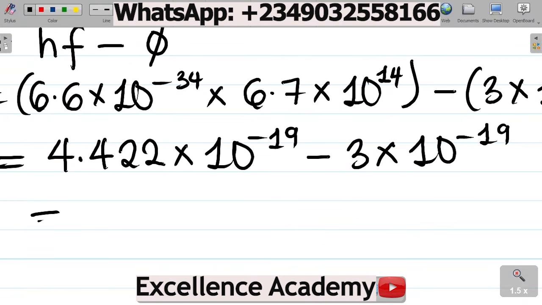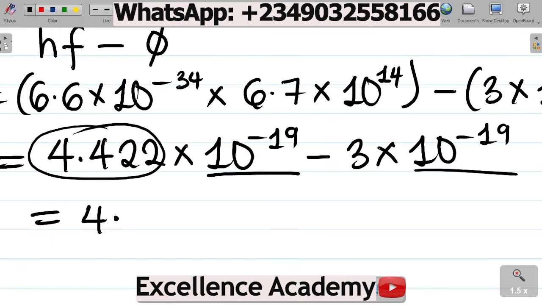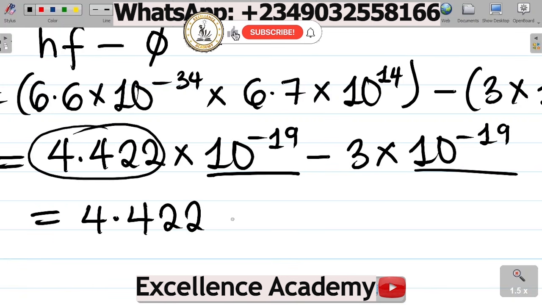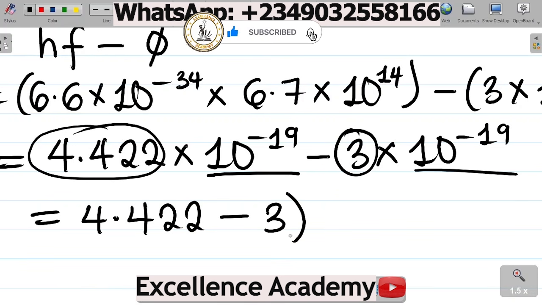All right, since you have 10 to the power minus 19 in both terms, let's take the numbers before it, which is 4.422 minus 3, and multiply by 10 to the power minus 19.